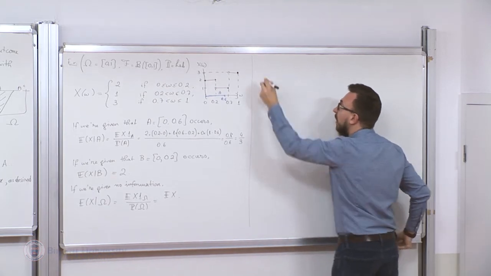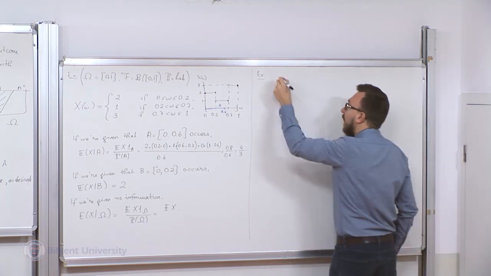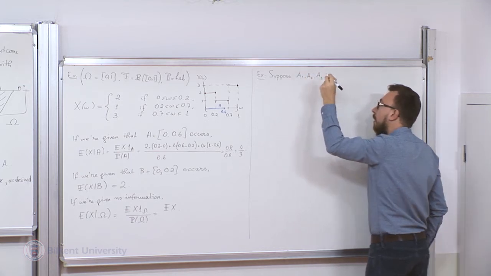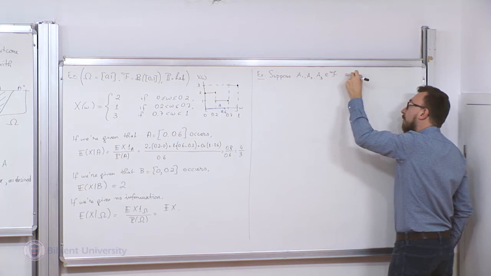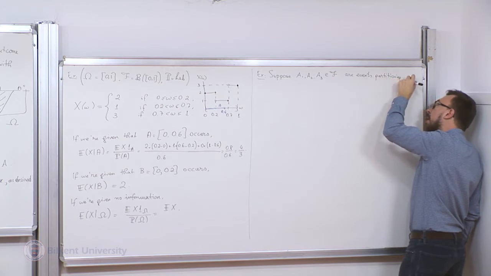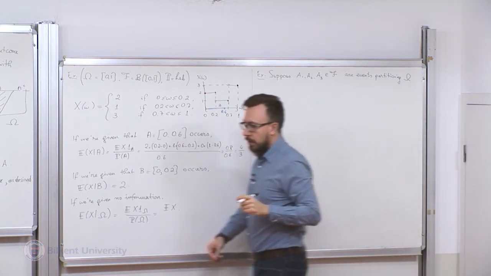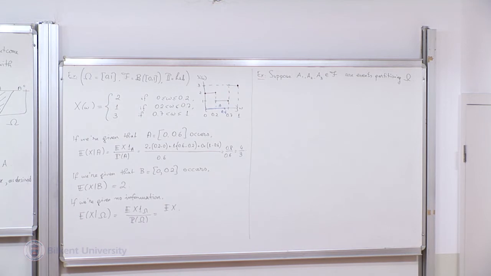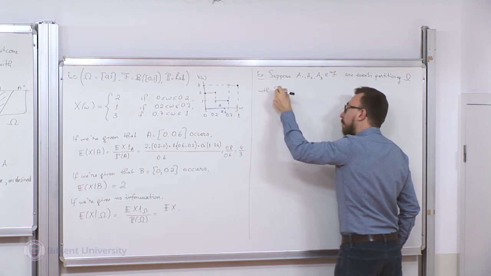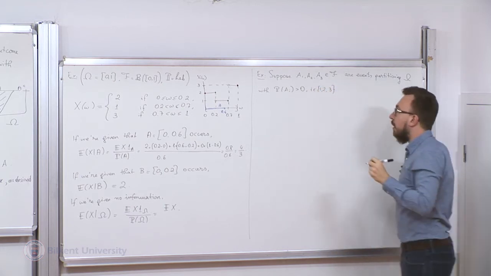Another example. Now it's going to be an abstract example. So let's say we have some events that are events partitioning omega, with positive probabilities, okay, with probability A_i greater than 0 for i = 1, 2, 3.